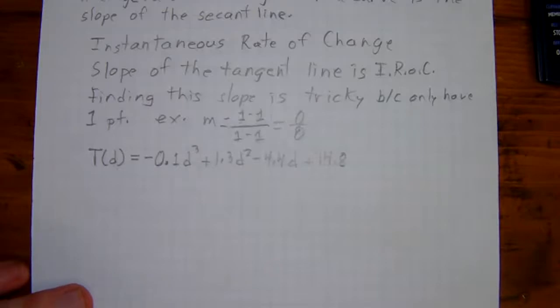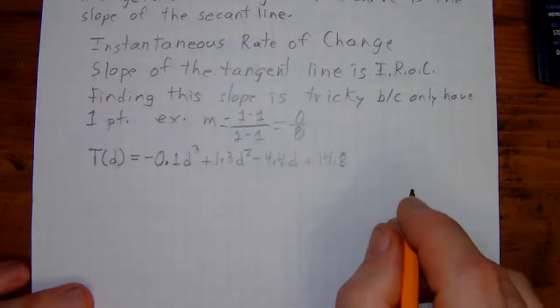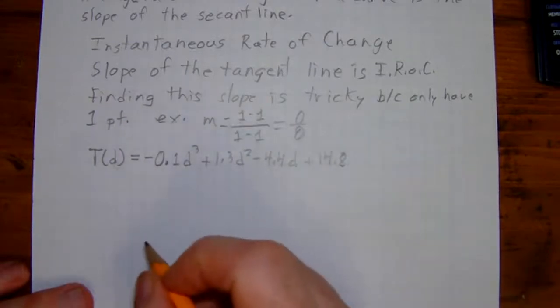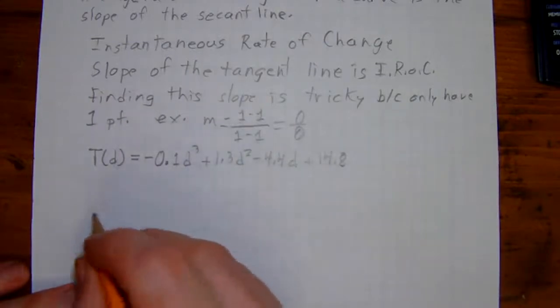So we're going to skip ahead a little bit. We've already talked about average rate of change. So we're going to jump down to that larger empty section at the bottom of page 1 where it says calculate the average rate of change over the interval from 1 to 2 days.